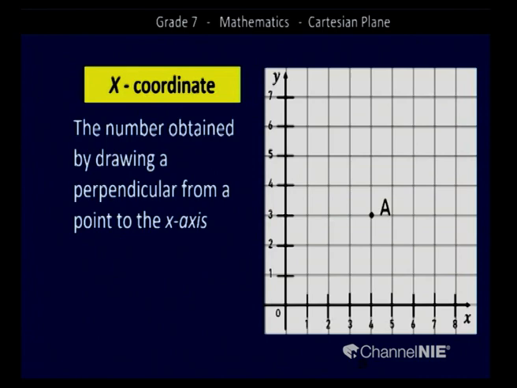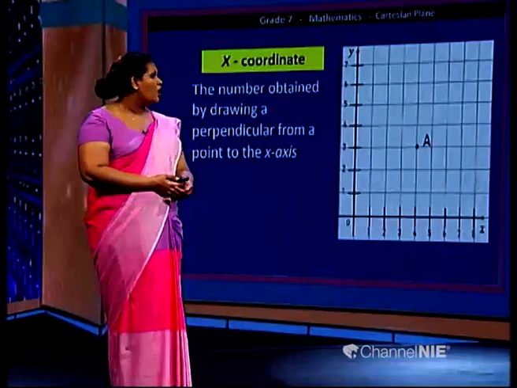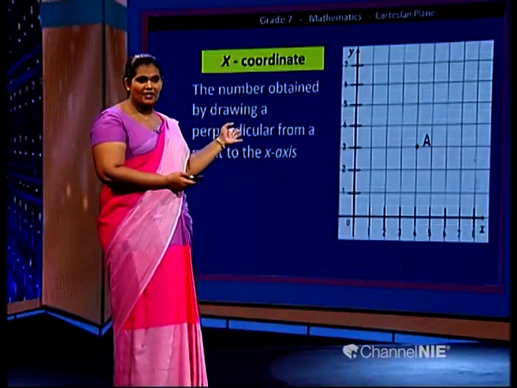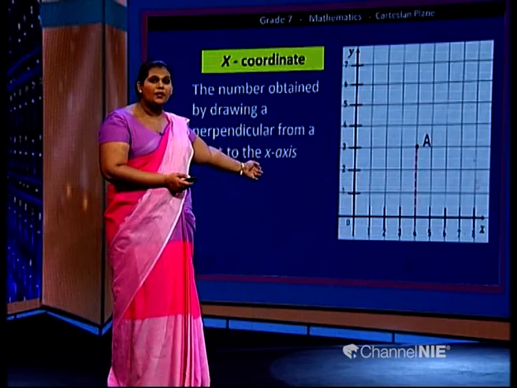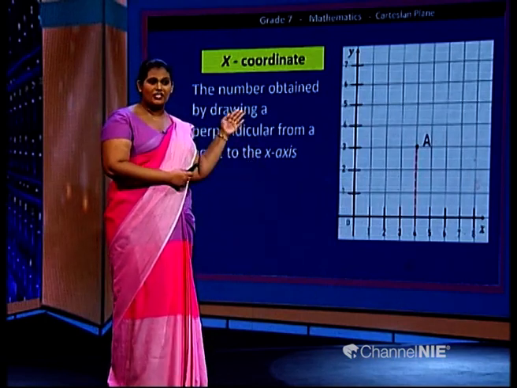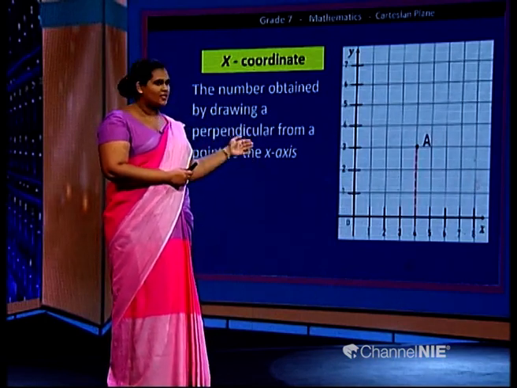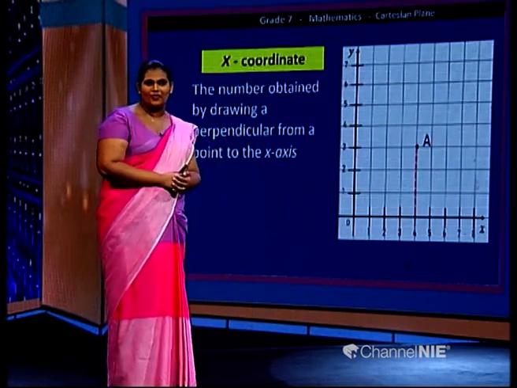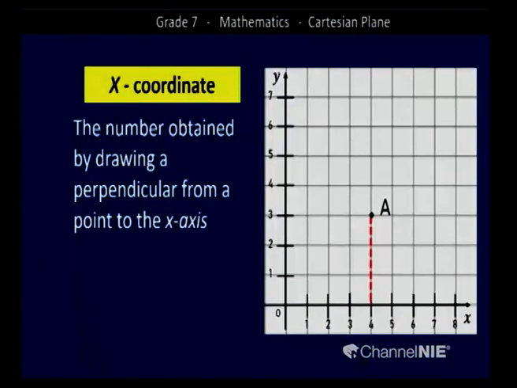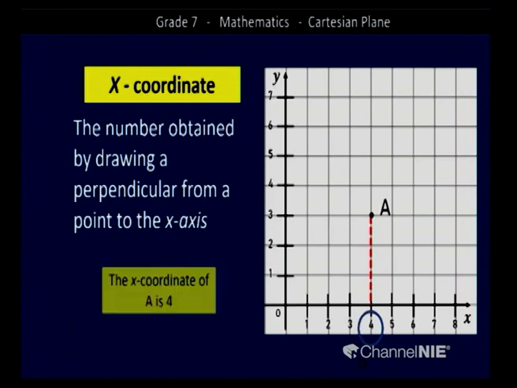I am going to find the x coordinate of this point A. As you can see, when I draw a perpendicular from point A to the x axis, it goes to plus 4. That means I can say the x coordinate of point A is equal to plus 4.